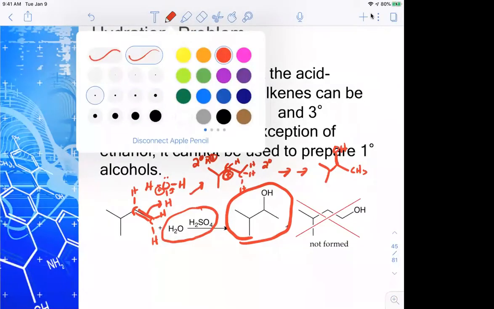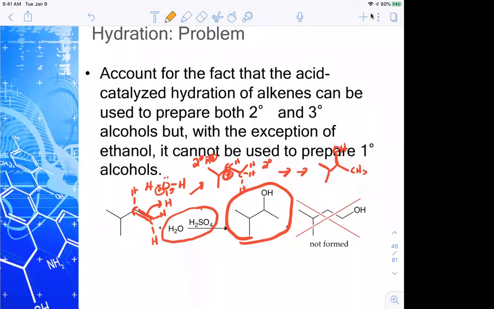Now, if I do it the other way, and I form the other carbocation, what I'm going to get is this, and I'm going to end up with this primary carbocation.